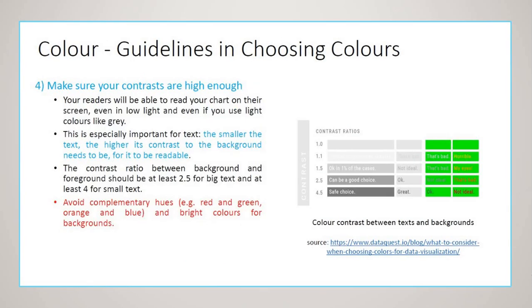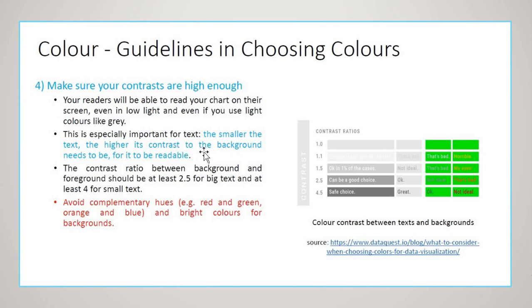Okay, so next one is make sure your contrast is high enough. When you want to make a title, the background of the title and the text, you must make sure there is high contrast. So your readers will be able to read your chart on their screen even in low light or even if you use light colors like grey. So this is especially important for text.